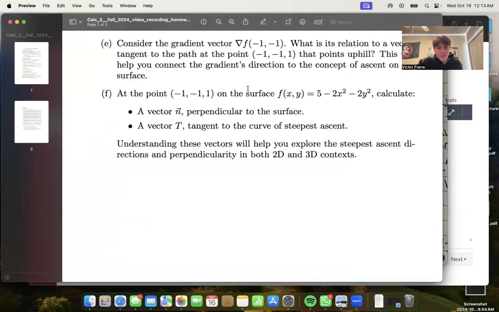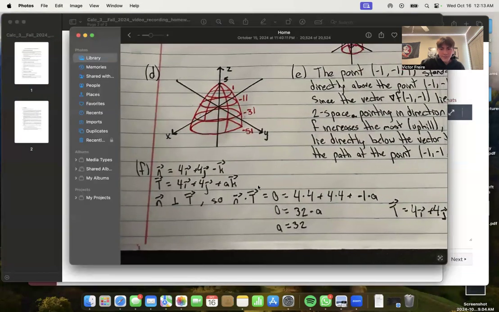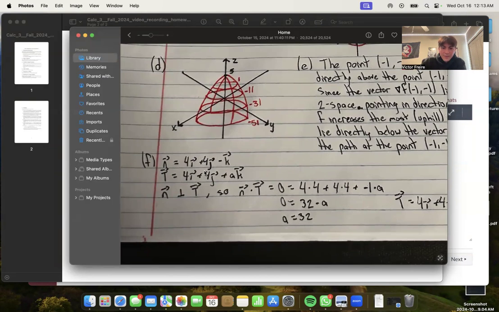So now the real issue is finding the t vector. We want it to be tangent to the curve of steepest ascent. As we know from the previous part E, it's going to have the same x and y components, since it's following the same path.